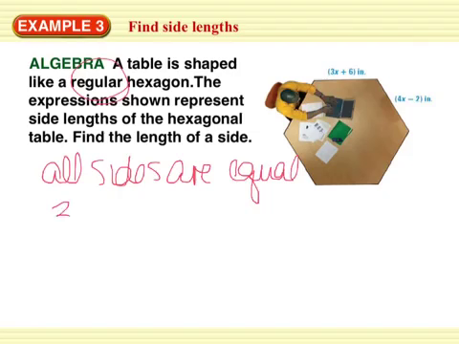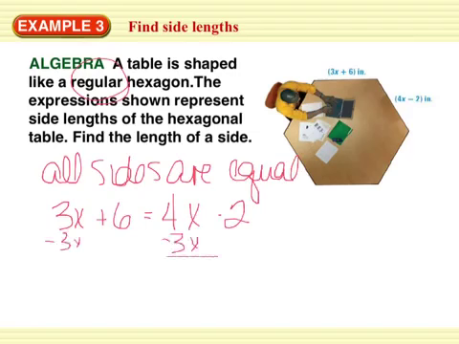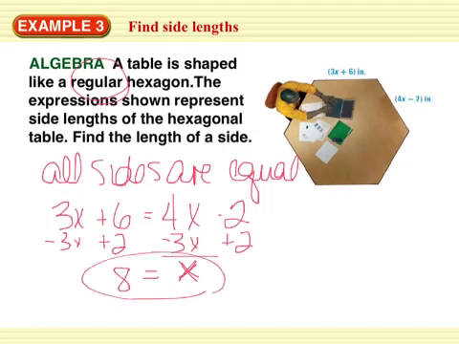So you can set them equal to each other. It's like when you know angles are congruent, you can set them equal to each other. Solve for x, minus 3x, minus 3x. X is left over, plus 2, x equals 8.